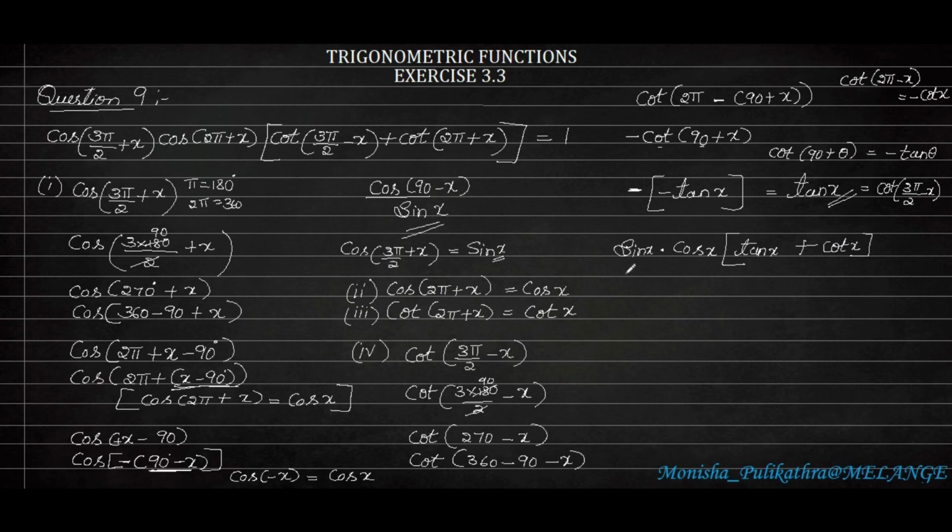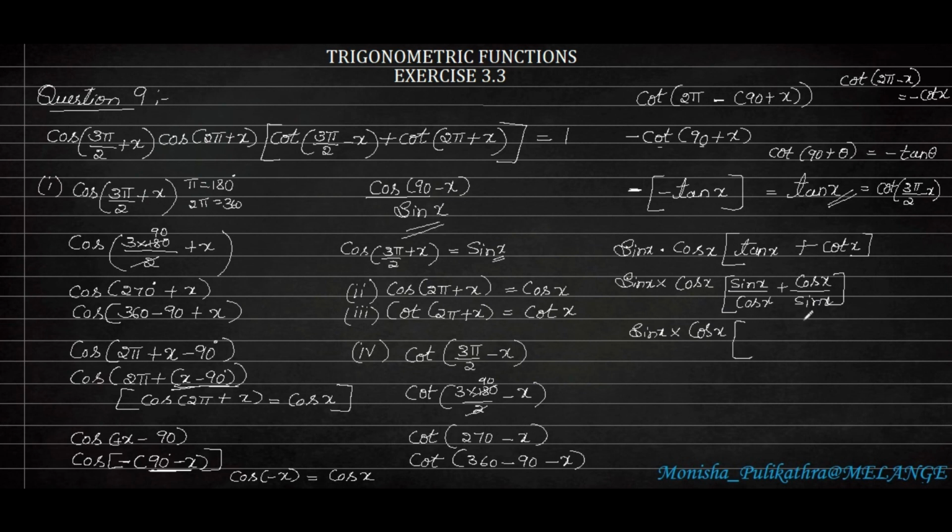Okay. So next we have to do further simplification. Here it is multiplication, sin x into cos x. The reciprocal of tan x is sin x by cos x, plus the reciprocal of cot x is cos x by sin x. So here I will be taking the LCM. Sin x into cos x will remain as it is.